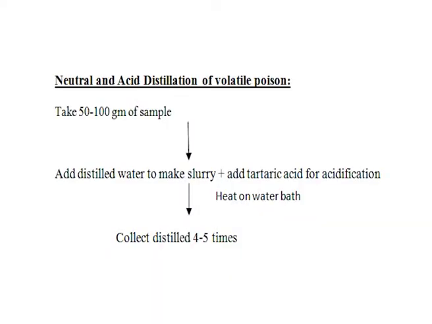So with this we finish module 2, and now we come to module 3, that is extraction methods for volatile organic poison. Neutral and acidic distillate of volatile poison. Take 50 to 100 gram of sample, add distilled water to make a slurry, and to it add a little tartaric acid for acidification. Collect distillate 4 to 5 times.